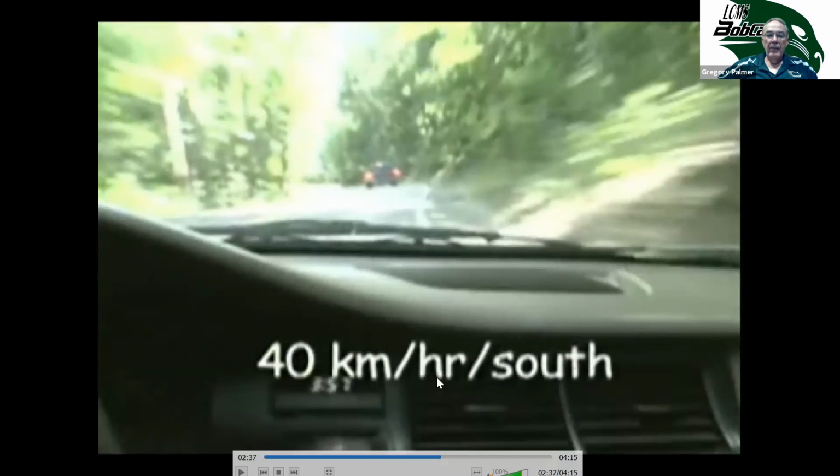So notice with velocity, they gave us speed and direction. So the definition of acceleration is a change in velocity. So if either of these change, either the speed or the direction that the car is traveling in, then we are accelerating. Velocity changes if the speed or direction of the object changes. Notice how when he says that, they're going to have the car go around turns. So you get the idea.